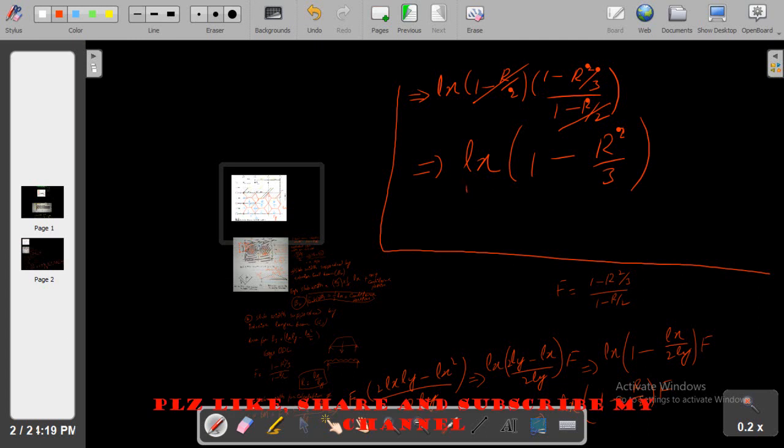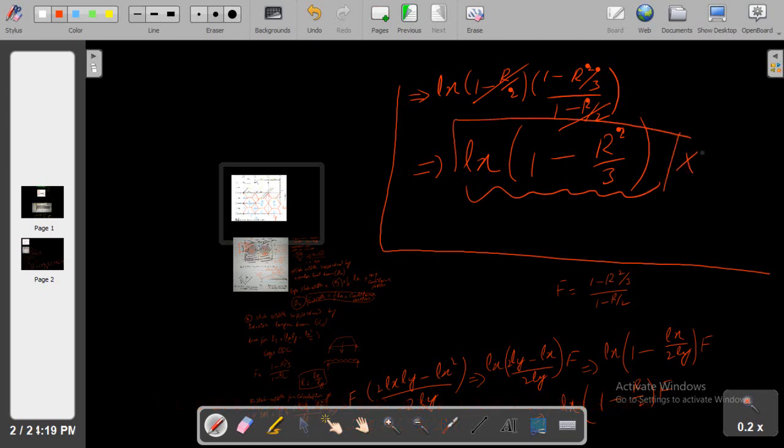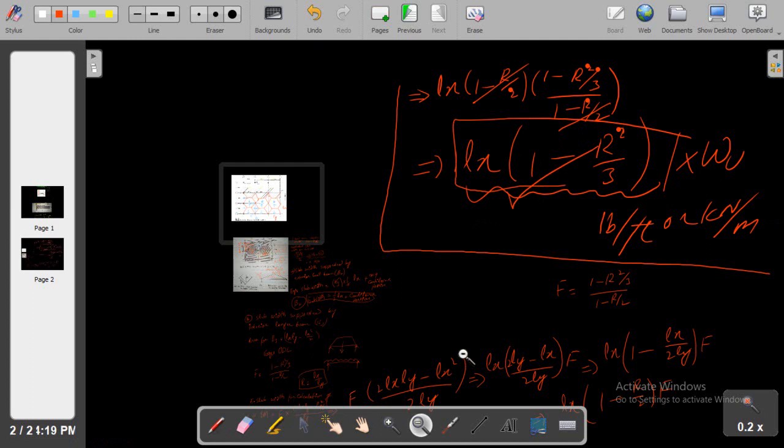This will be multiplied with the unit load Wu, and we will get pound per feet or kilonewton per meter. So this is the final width, and remember, we will use this width in our calculations.